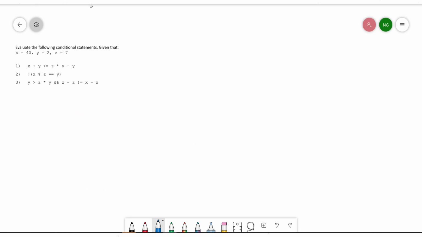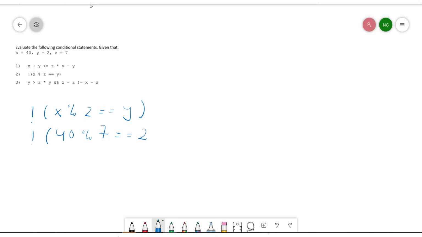Alright, so let's start with the next question. The second question says that not x modulus z equals to y. So this means that, of course we need to do the ones inside the bracket first. So x is 40, modulus z is 7 equals to y, which would be 2.